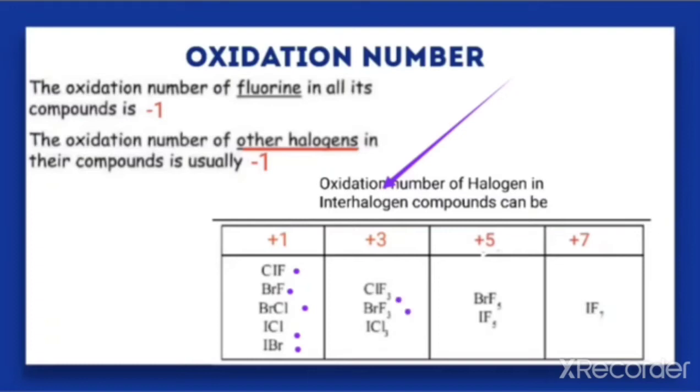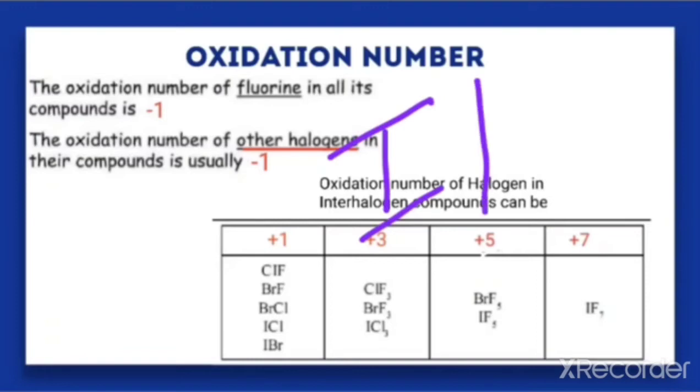ClF3, BrF3, ICl3, BrF5, IF5, IF7. So these are called interhalogen compounds because these are compounds between two different halogens. You are familiar with the example IF7. We have already learned the structure for this IF7.